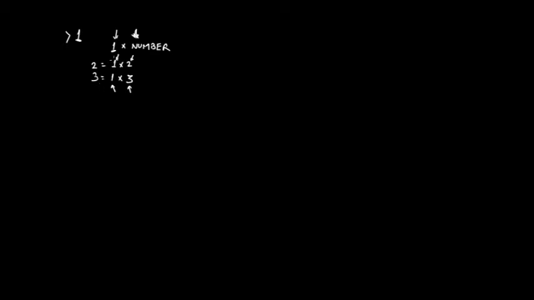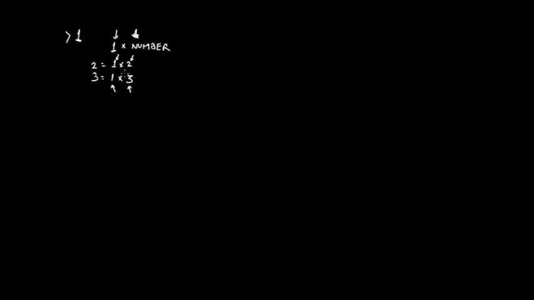So the condition is that the number should be greater than 1, and should have only two factors: the first factor is 1, and the next factor is that number itself. Apart from that, there are no other factors. Such numbers are called prime numbers.